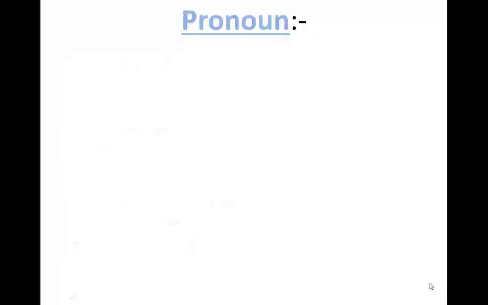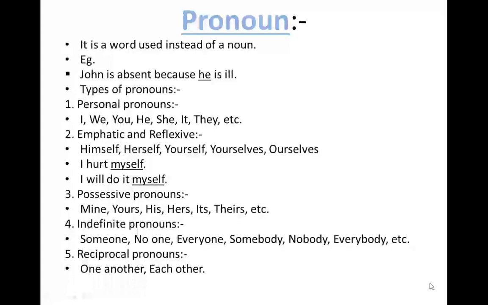Pronouns. Pronouns are the words that we use instead of a noun. For example, John is absent because he is ill. Over here we have used he for John. Following are the types of pronouns: personal pronoun, emphatic and reflexive pronoun, possessive pronoun, indefinite pronoun, and reciprocal pronoun.